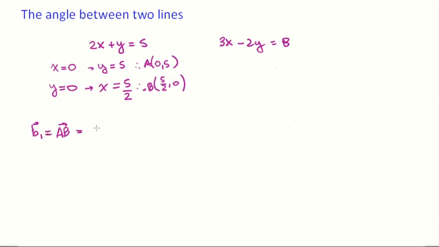B2, I'm going to call for the second line. So what would be our vector here? AB is x coordinate of B minus x coordinate of A, so that's 5 halves. And my y coordinate would be y coordinate of B minus y coordinate of A, so that's minus 5.